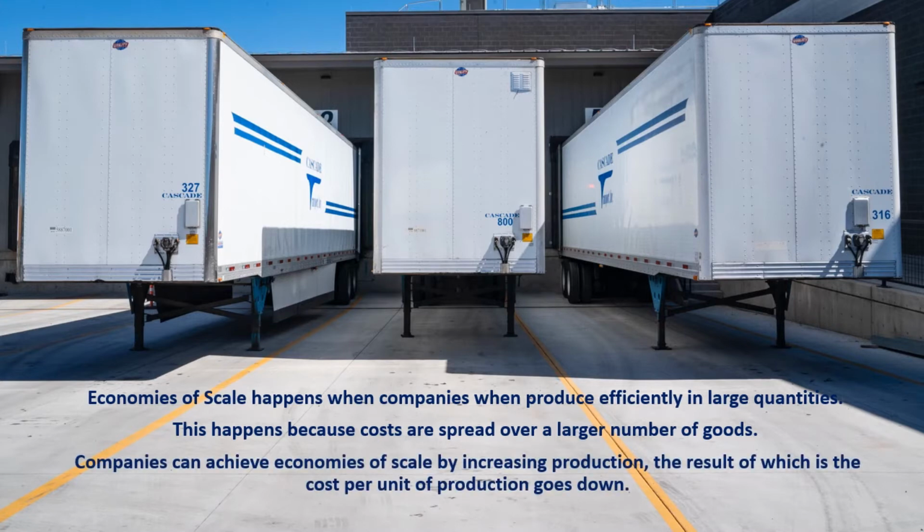Companies can achieve economies of scale by increasing production, the result of which is the cost per unit of production goes down. So, the bigger the production volume, the lower the cost per unit. This is achieved by having a combination of cost-effective methods aided by machines and well-trained employees. This is the cost advantage of large-scale manufacturers.